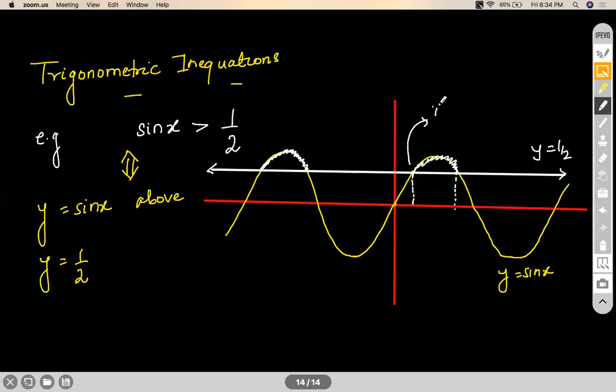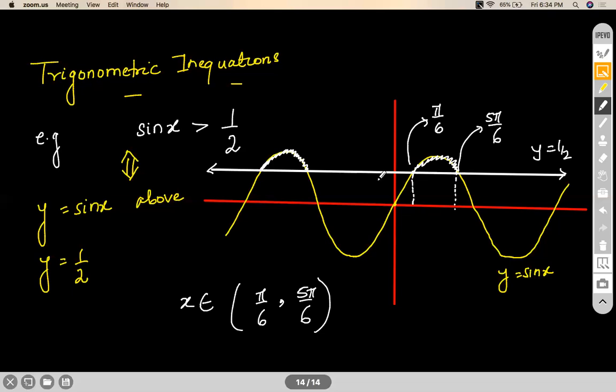So when sin x becomes half, x will be 30 degrees and this one will be 150 degrees. Correct? So when your x lies between pi by 6 to 5 pi by 6, your sin x graph would be lying above the y equal to half graph.